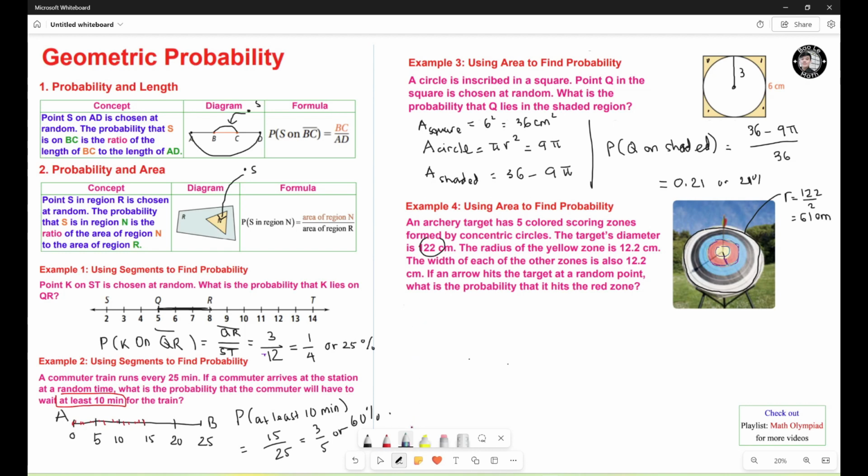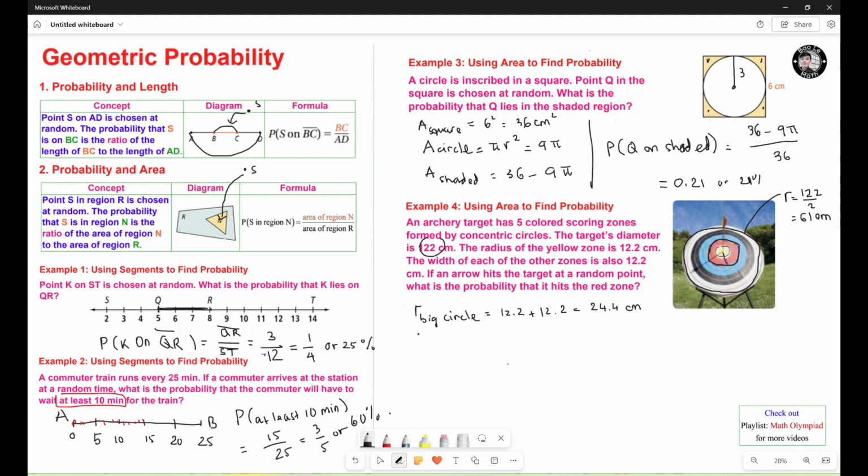So the radius of the big circle equals 12.2 plus 12.2, which is 24.4 centimeters.